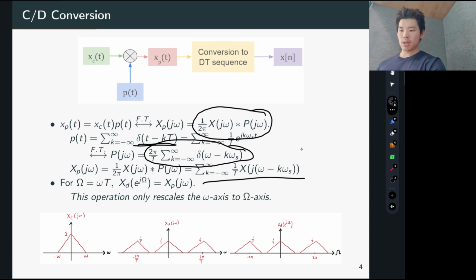And then to convert it from X_p(jω) to X_d(e^{jω}), you just rescale the x-axis. Let's see the bottom part here.